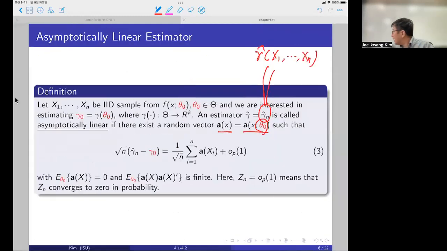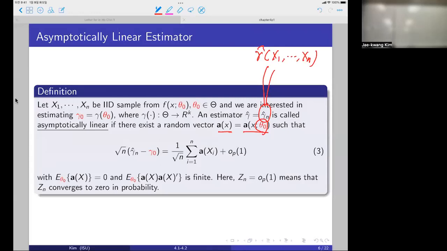Actually, this is a definition. I'm not saying that this will hold in any form, and I'm not proving this one. It's just a definition of a particular class of estimators, which we call asymptotically linear estimators. The point is that if an estimator can be written this way, then it's very easy to discuss the asymptotic theory.